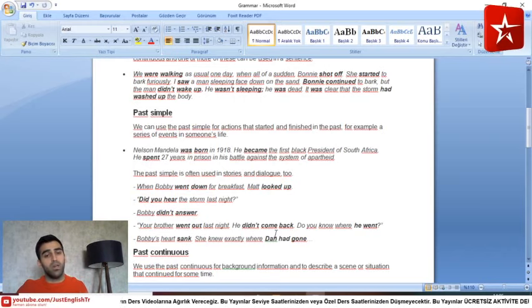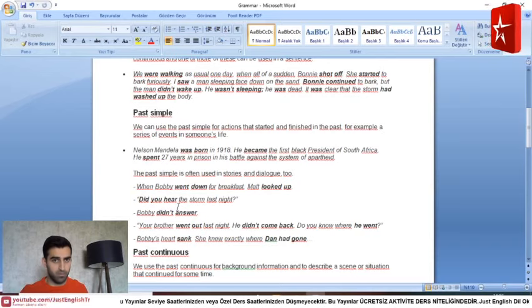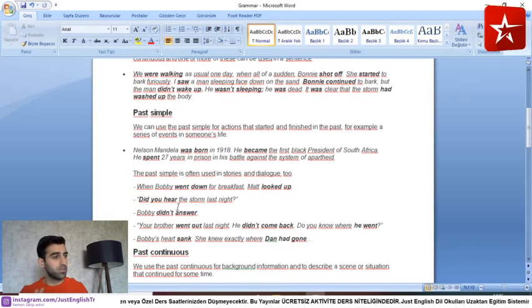And so on. From these sentences, you can see all the tenses we use here are past simple. So the past simple is for actions that started and finished in the past. It's not related to now.